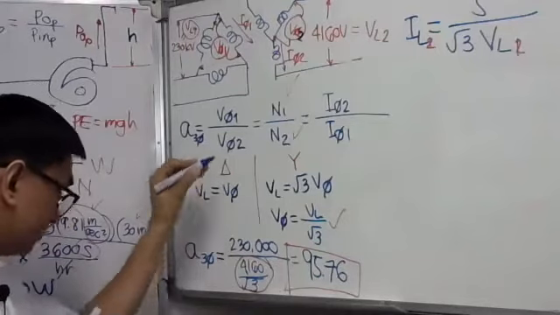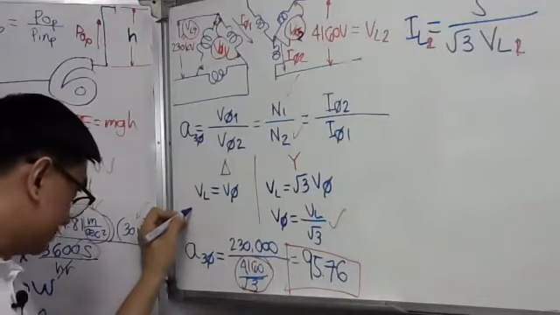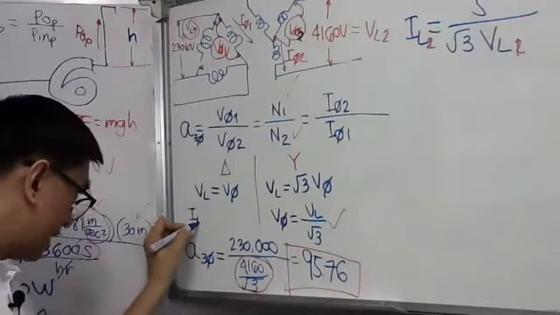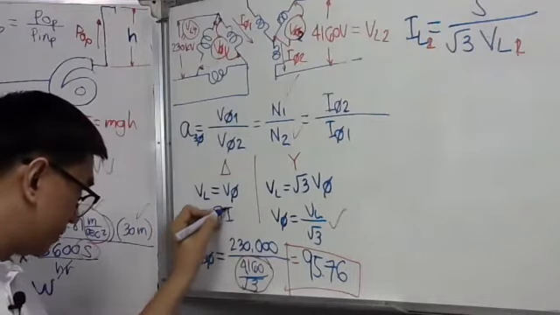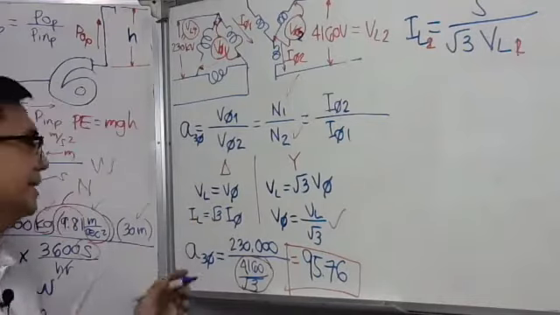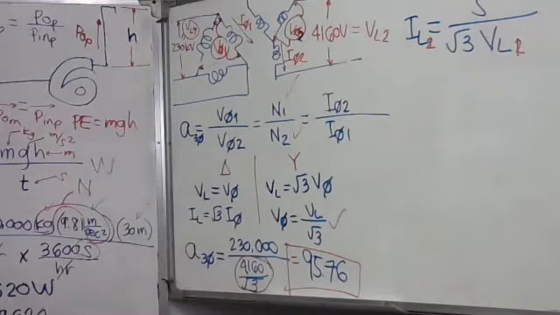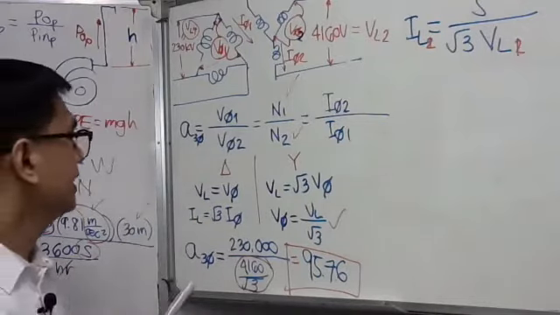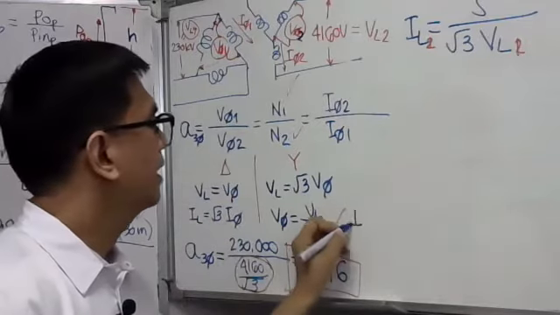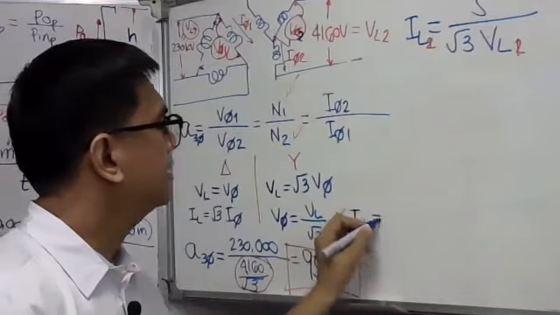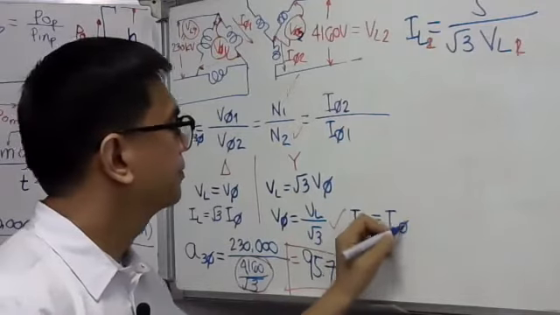So, in delta, remember this: our line current is equal to square root of 3 multiplied by the phase current. That is the basic of the three-phase system. In Y, our line current is equal to phase current.